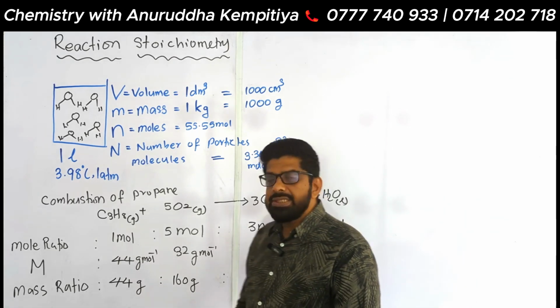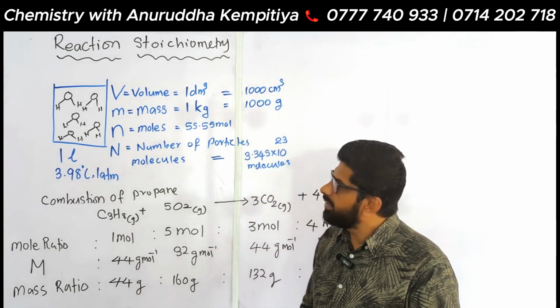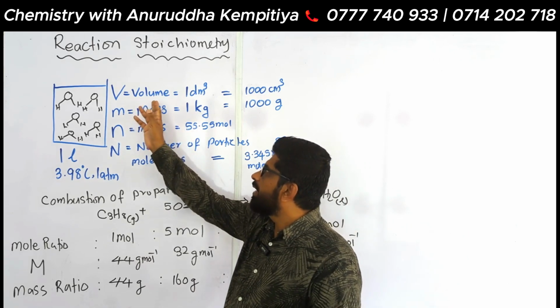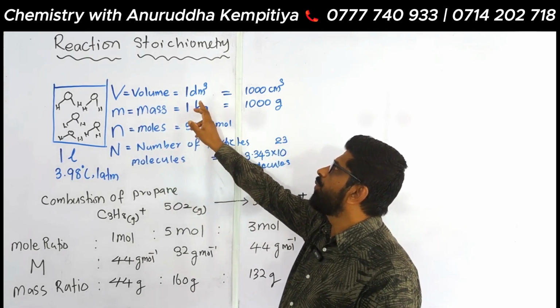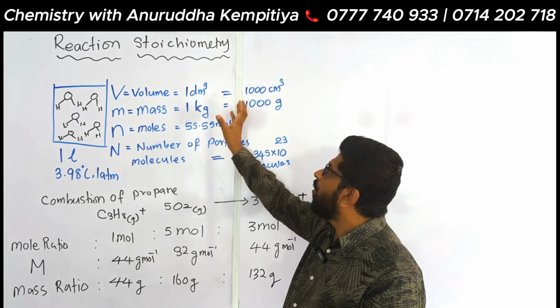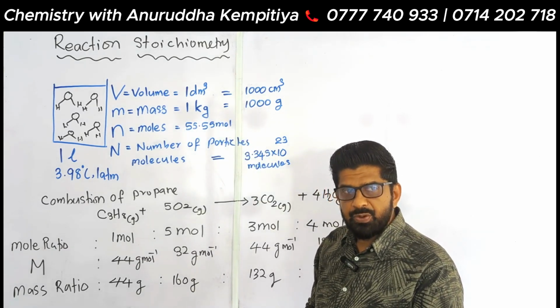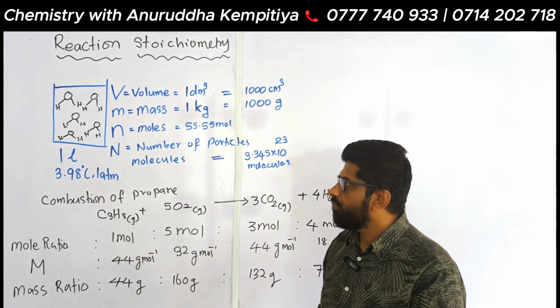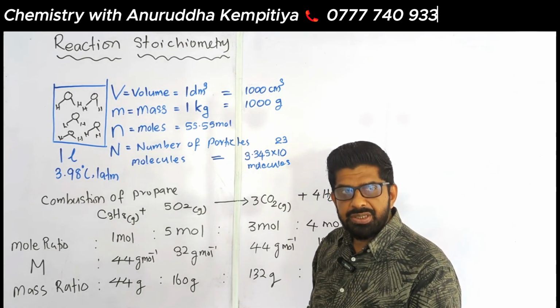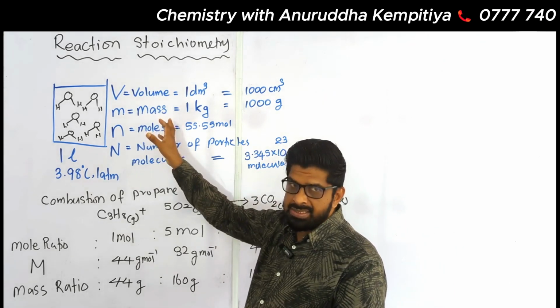So these are the different ways of telling the quantity. V, the volume: 1 dm cube or 1000 cm cube, or 1000 milliliters. That is one way of telling chemical quantity. M, the mass.